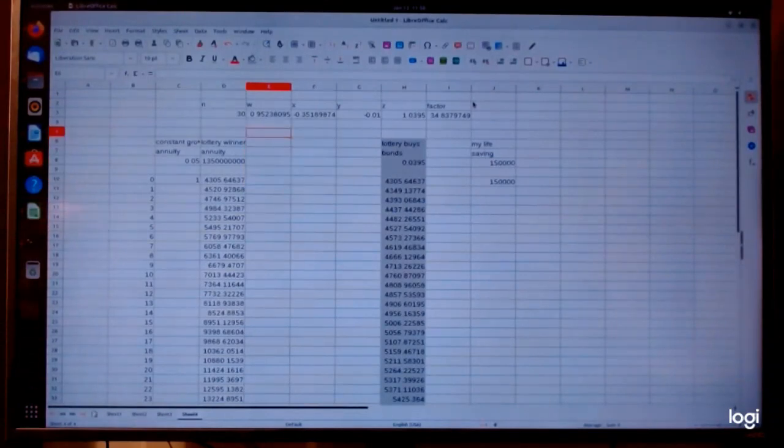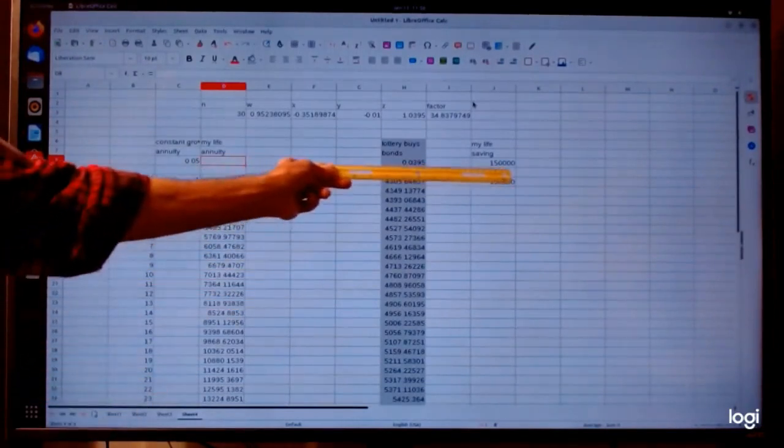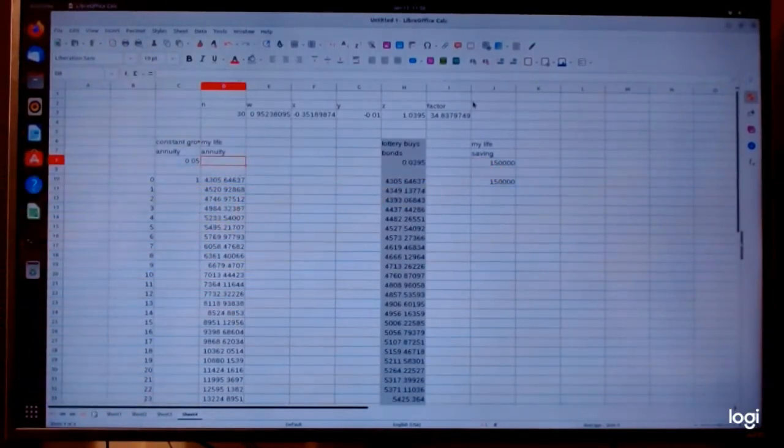But we can, let's just say that's going to be what, my life annuity. So if we had $150,000 in our savings when we turn 65, if we put our ages over here, let's see, 65.